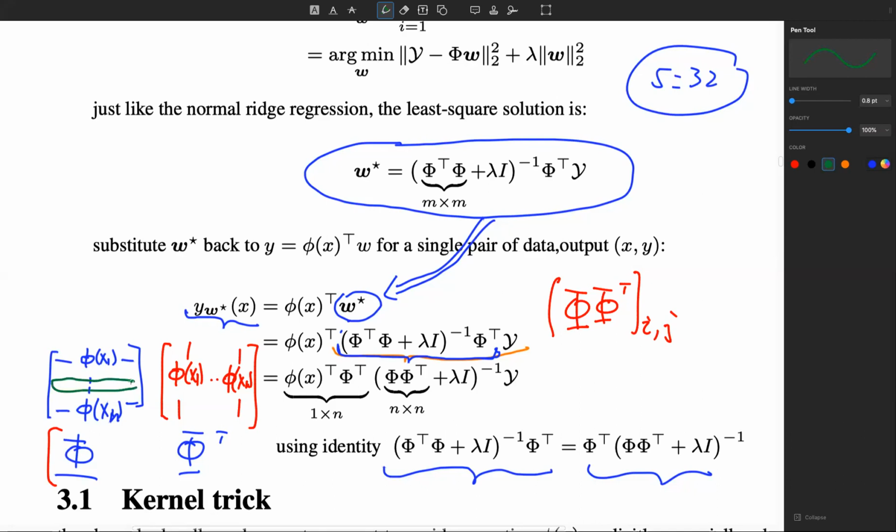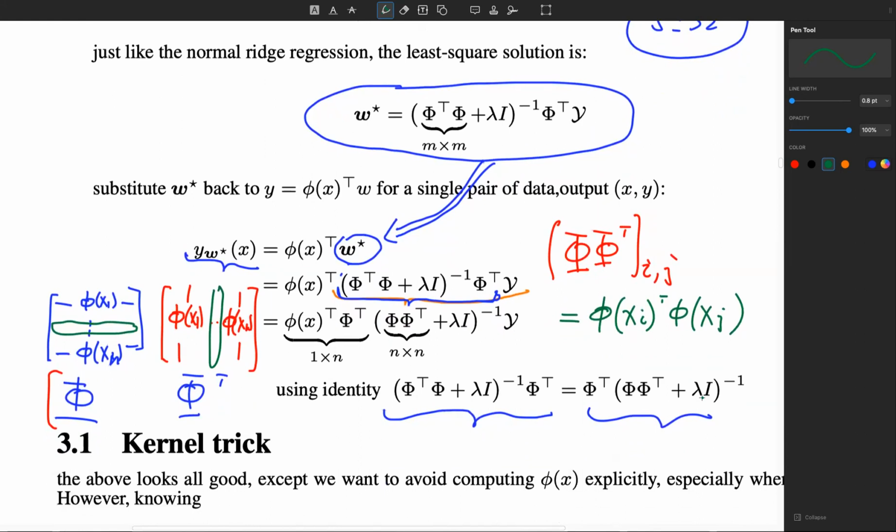So the ith row should be phi xi and the jth column should be phi xj. So this is phi xi transpose phi xj. Yeah, that's okay.